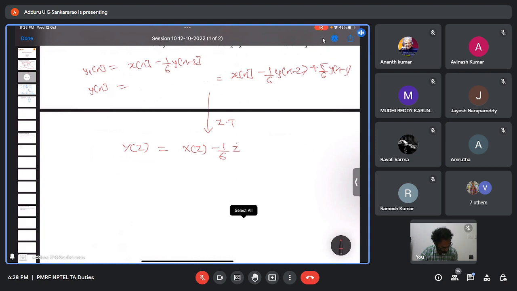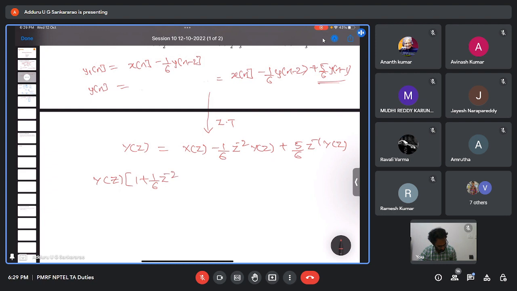So z power minus 2 into y of z plus 5 by 6 into, next one is what? y of n minus 1. So that's why z power minus 1 into y of z. Now to find out the transfer function, you take all y's aside and x aside.